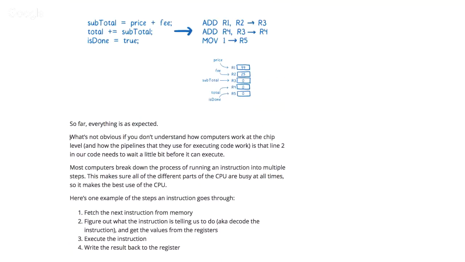What's not obvious, if you don't understand how computers work at the chip level, is that line 2 in our code needs to wait a little bit before it can execute.